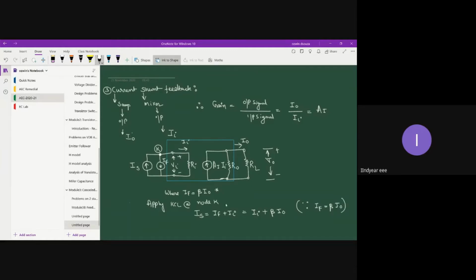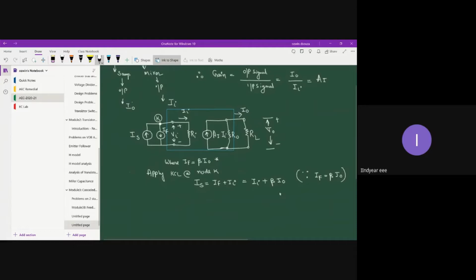If you are not able to follow, all right. Then, in our input current equation, we have this I naught, but we don't want that I naught to be there on the input side, because on the input side, we would want everything to be expressed in terms of the input parameters. Before that, I forgot to mention the expected input impedance.